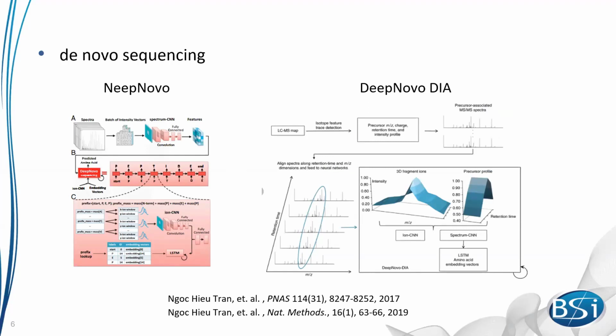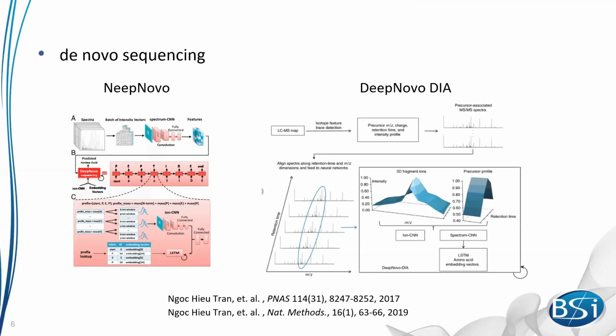And so in our group, we started using CNN and LSTM to extract the spectral information features and to mimic the spectra and the chromatogram information. And we reported this result in 2017.